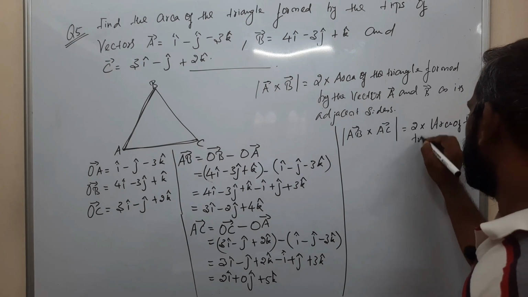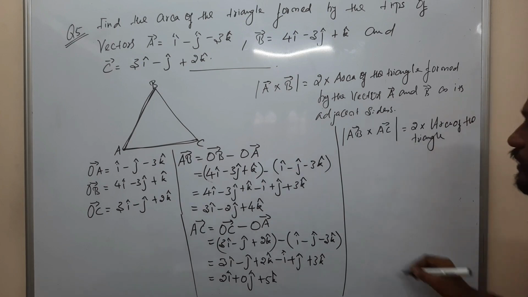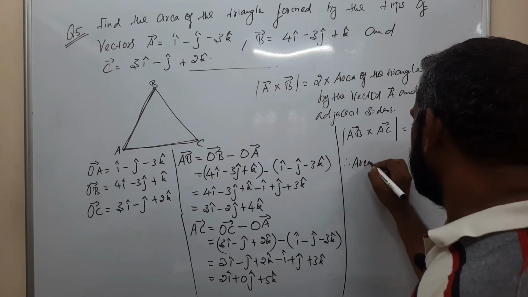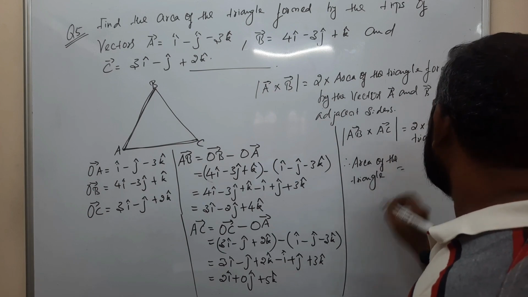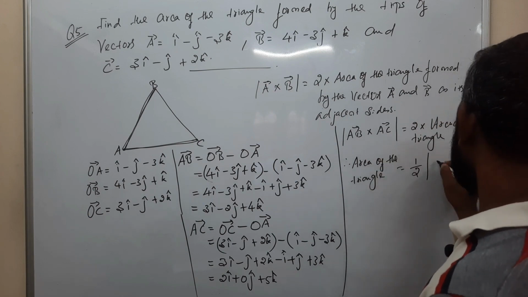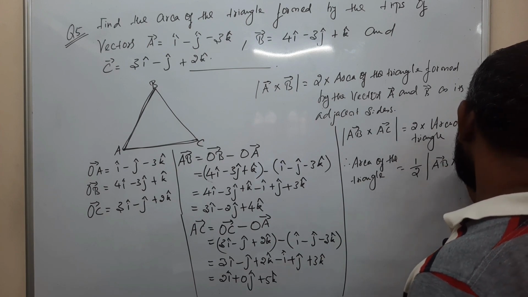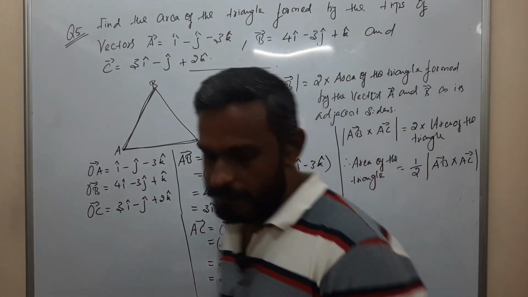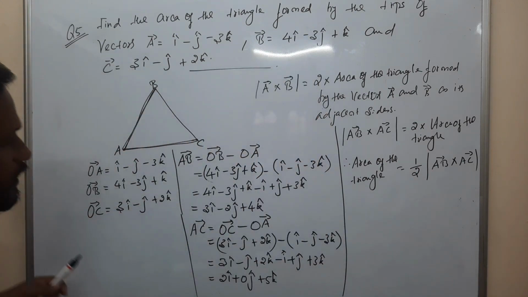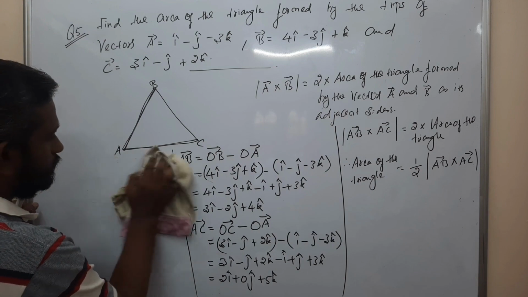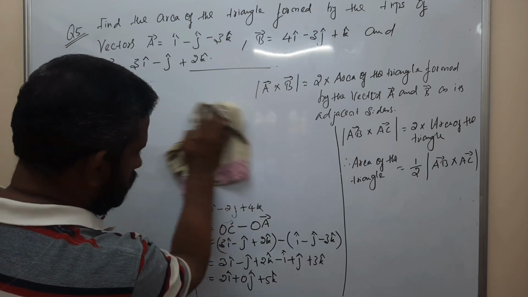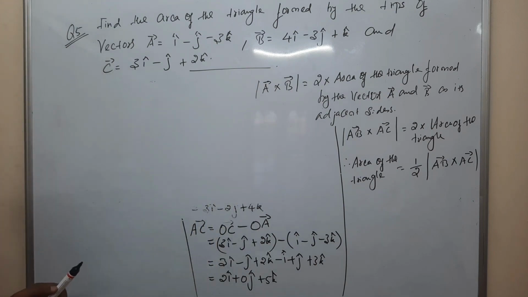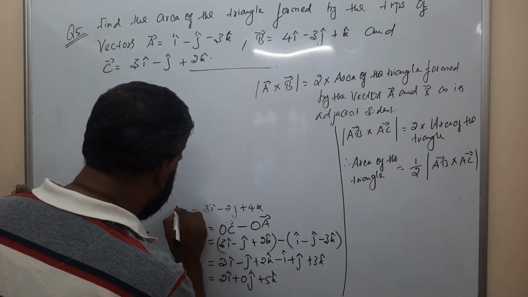Therefore, the area of the triangle is equal to 1 by 2 into the modulus of AB vector cross AC vector, right? So this is the AB vector.